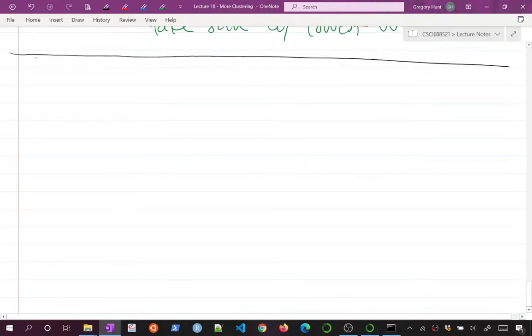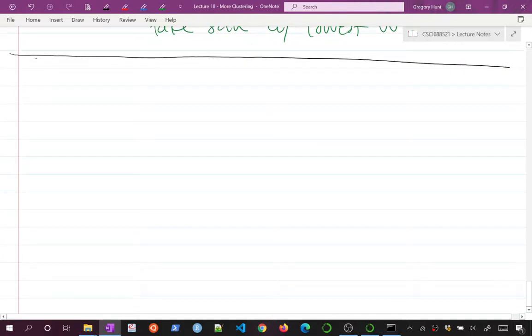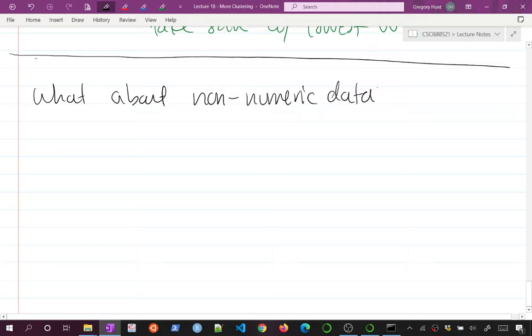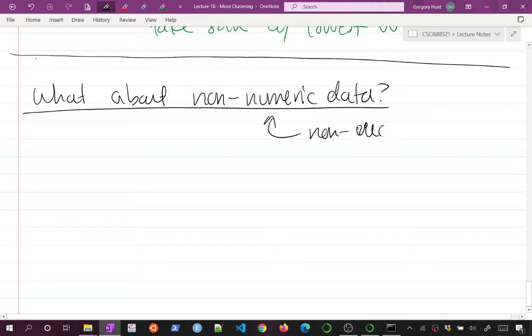So here's the question. I don't want to spend too much time on this, but we should spend a couple of minutes talking about it. What about non-numeric data, or even non-Euclidean distance or dissimilarity?